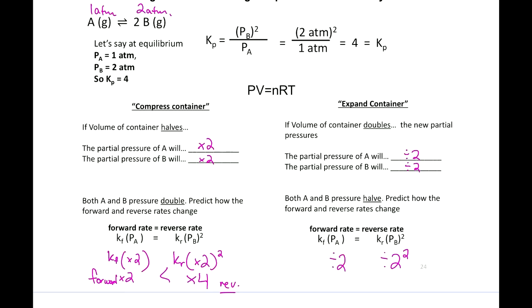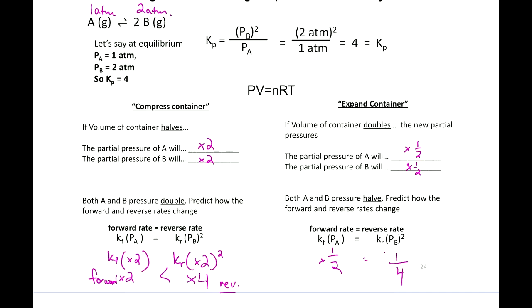And so we see that the forward rate halves, but the reverse rate halves squared. So we see a divided by 4, or rather, let's do times a quarter. So the forward rate halves because A is first order, but the reverse rate actually goes down by a fourth because it's second order in terms of B. All right, so here we see, okay, both of them decrease, but the reverse rate decreases more.